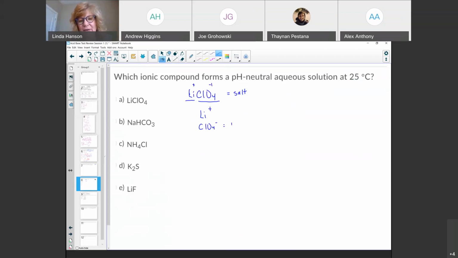Anions come from parent acids. The cations come from parent bases. So when I was talking in the lesson about parent acids and parent bases, I'm just putting an OH on the first ion and an H on the second ion to form a parent base and a parent acid.